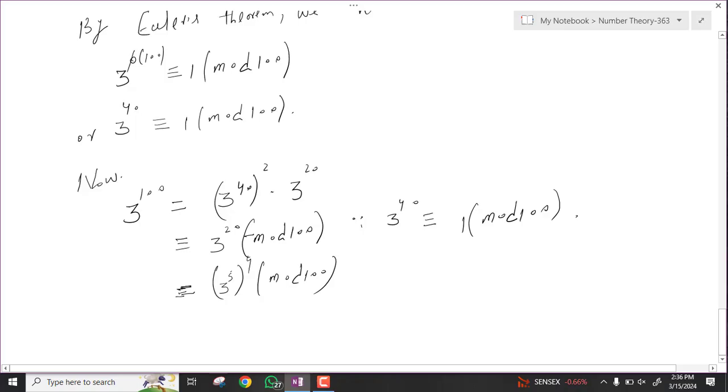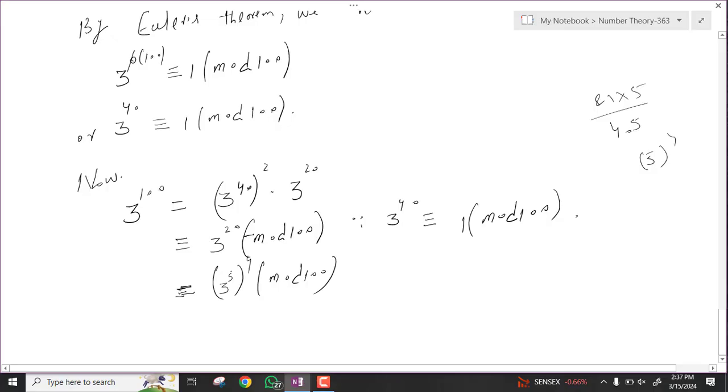Let me compute 3 power 5: 3 threes are 9, 9 nines are 81, times 5. Then 3 power 40 squared into 3 power 20 is equal to 3 power 20 modulo 100.